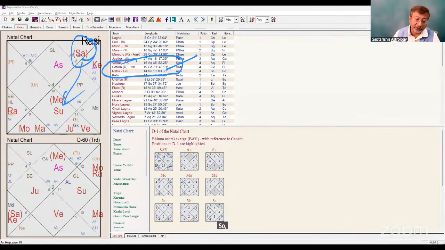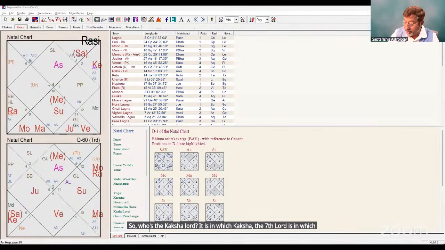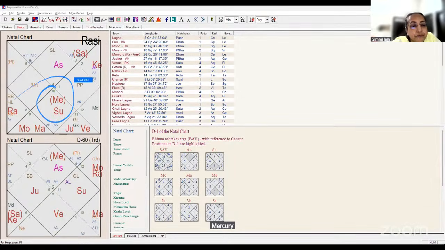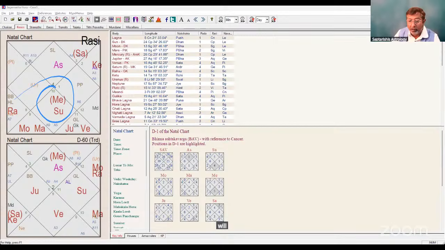So who's the Kaksha Lord? It is in which Kaksha? The 7th Lord is in which Kaksha? Anybody? Mercury. Mercury. So this person will have lot of problems regarding Mercury. Mercury is owner of which house? 12th and 3rd. Okay, everybody.